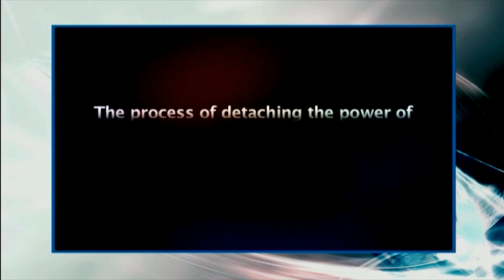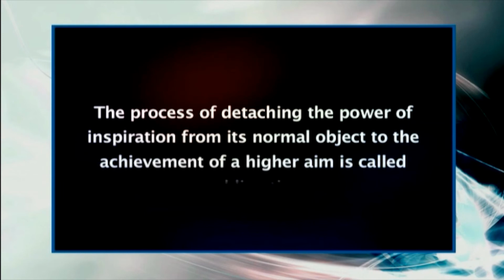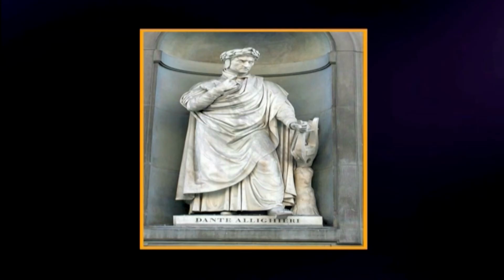The process of detaching the power of inspiration from its normal object to the achievement of a higher aim is called sublimation. An example will be Dante, a famous Italian poet, who was one day pacing the streets of Florence and his eyes lighted on a beautiful girl named Beatrice.